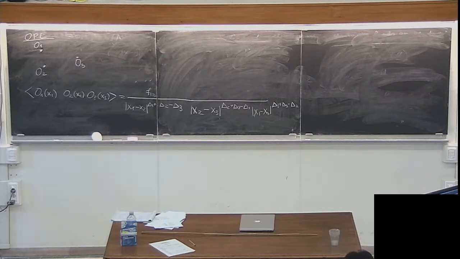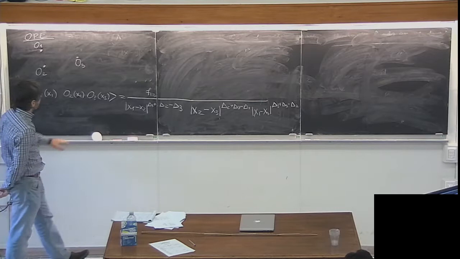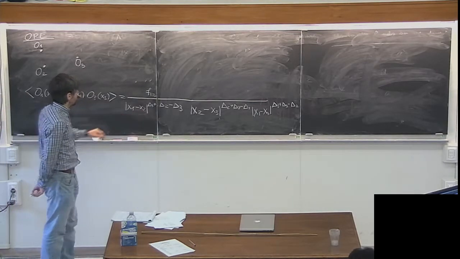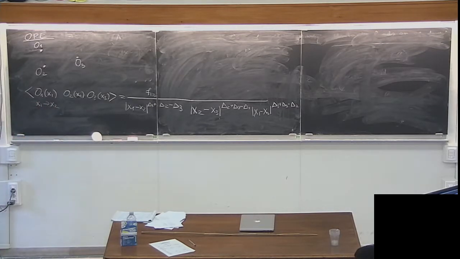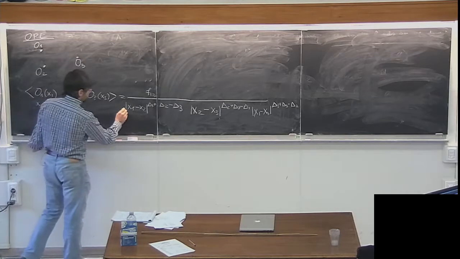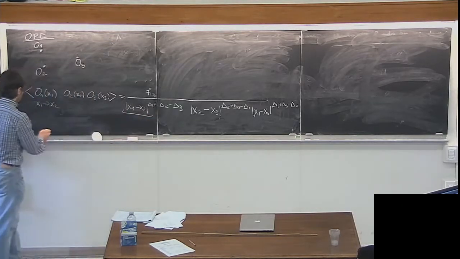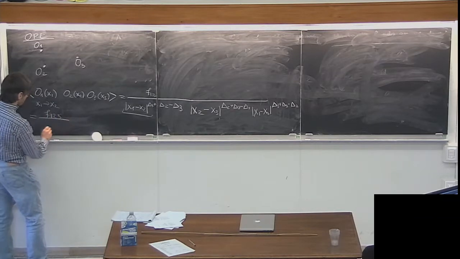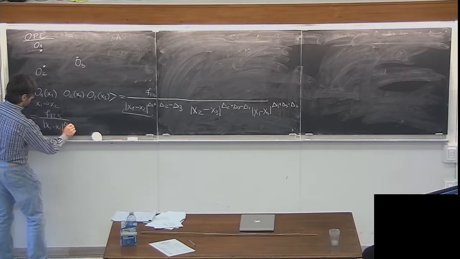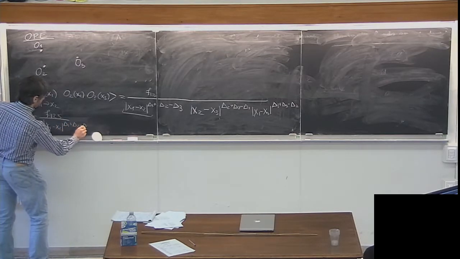But now I would like to take this 3-point function and expand it in the limit where x1 is going close to x2, in the limit x1 going to x2. So what am I going to find in this limit? Well, this factor goes to 0, so in this limit I'm going to get f123 divided by x1 minus x2 to the power delta 1 plus delta 2 minus delta 3.